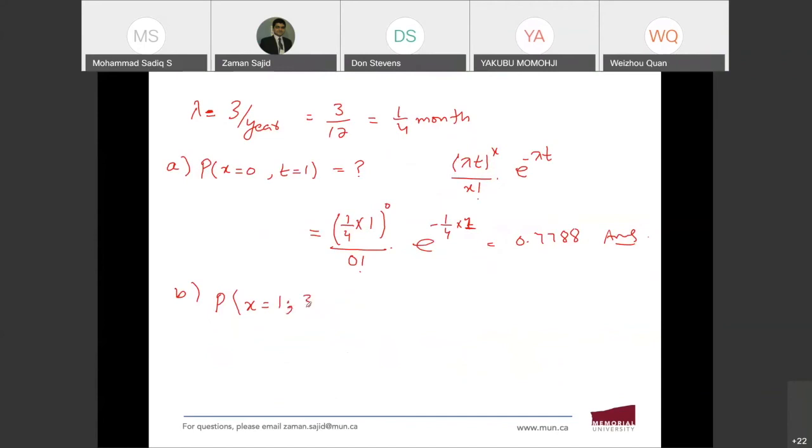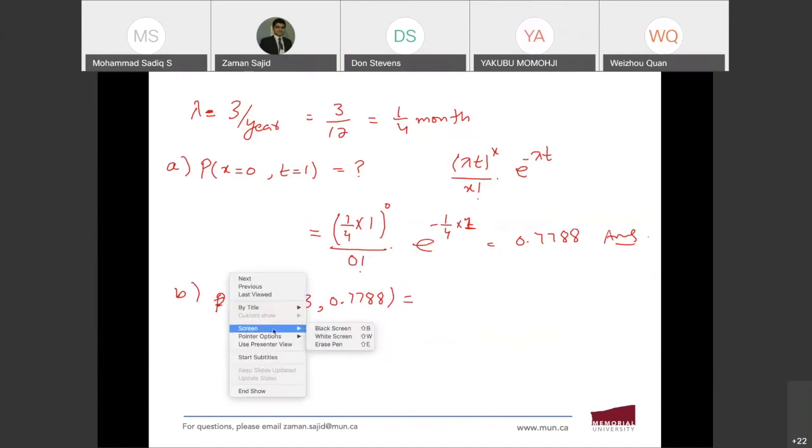We are interested in the first 3 months, and the probability of no accident is 0.7788. Sorry, this should be B actually. Fix this. Okay, good. This is our B here.